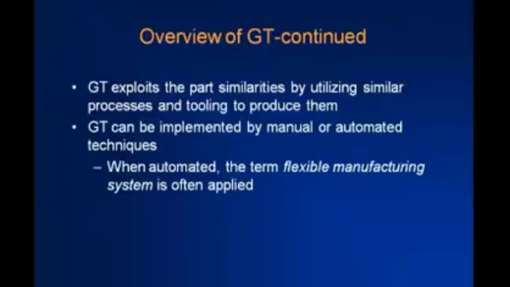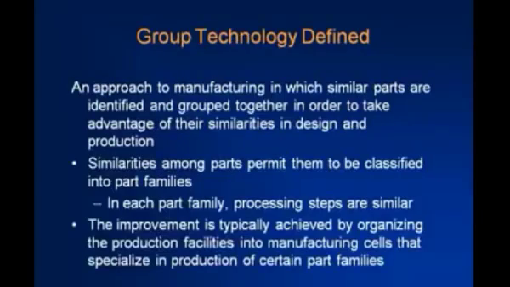Group technology is used when there are part similarities, by utilizing similar processes and tooling to produce them. This technology can be implemented by manual or automated techniques. So when group technology is automated, then it is called flexible manufacturing systems. So what is group technology?